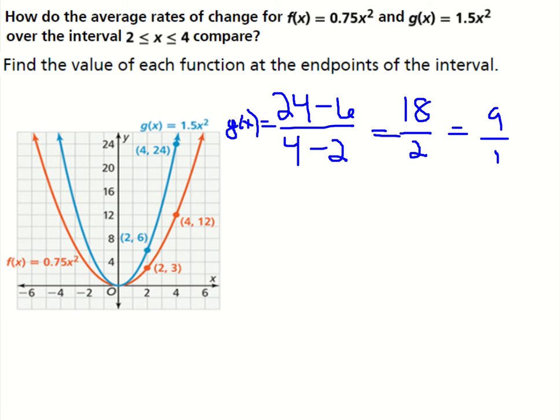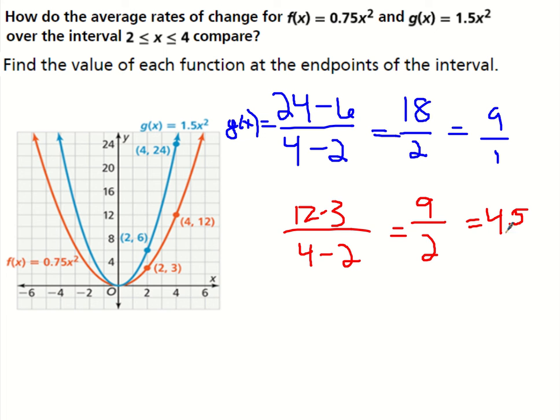I can do the same thing for the other one. I look at my points at 2 and 4. Between 2 and 4, that's 4 minus 2, which is still 2. But now I'm doing 12 minus 3, which is 9, which is going to give me 4.5 over 1. My brain froze there for a second.